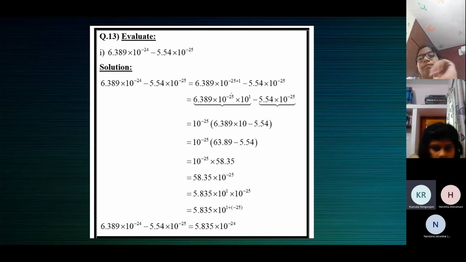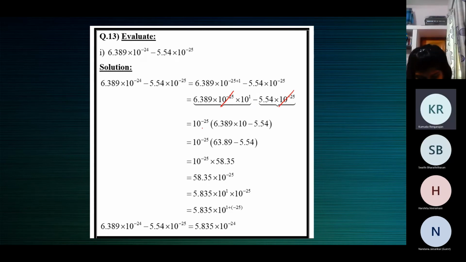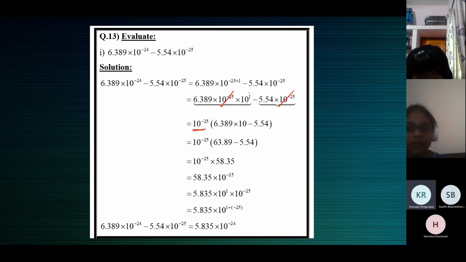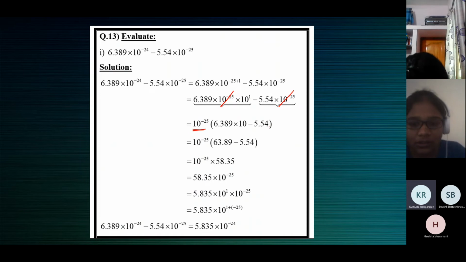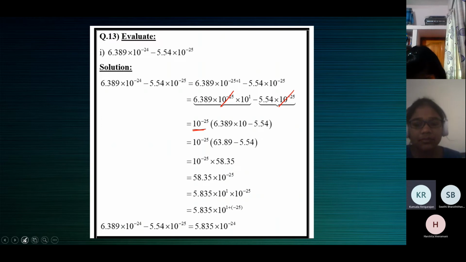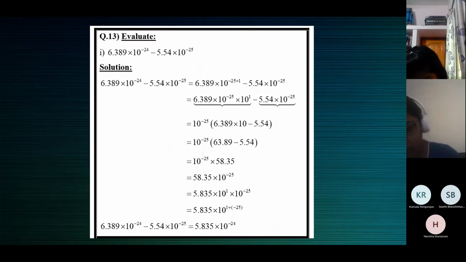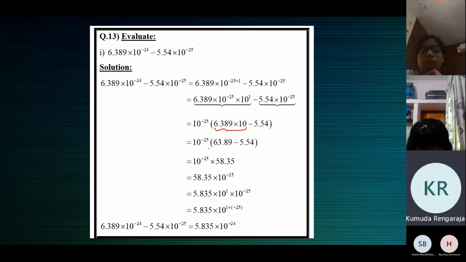You have taken out 10 to the power minus 25 common. So the remaining thing, 6.389 into 10, 10 to the power 1 is 10 only. So 6.389 into 10 minus 5.54 inside the bracket. Now what is in the next step? What is 6.389 into 10? 63.89.